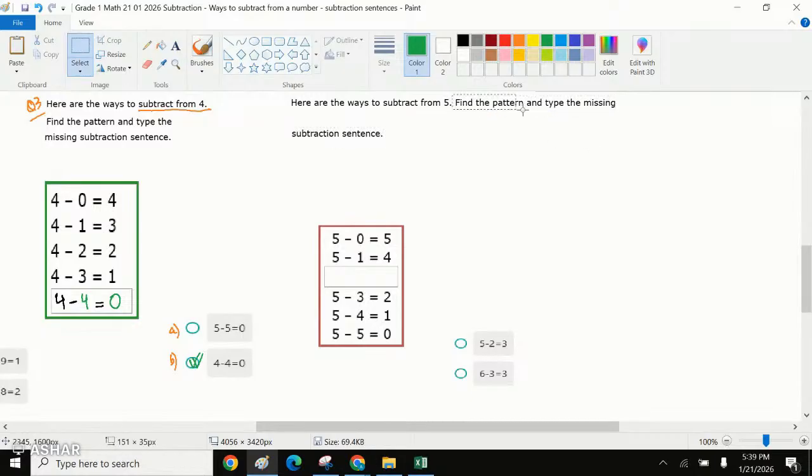What they're saying is, here are the ways to subtract from 5. Question number 4 from the test. From 5, and we need to find the missing statement. A or B? Which statement should be correct?